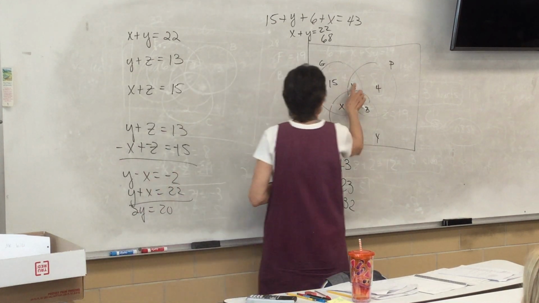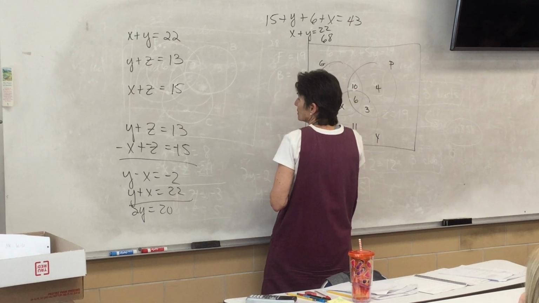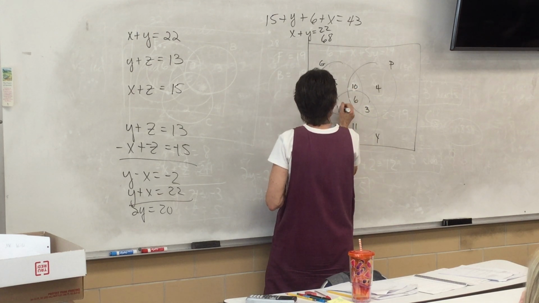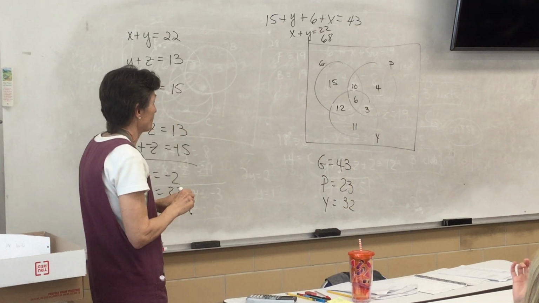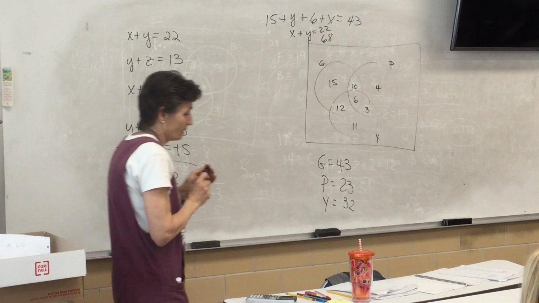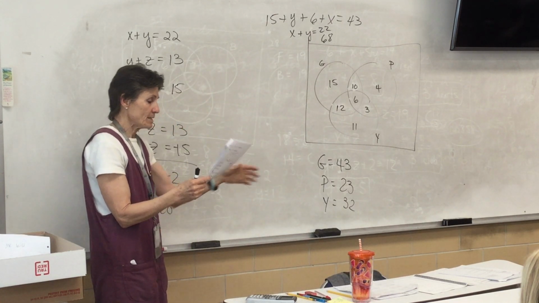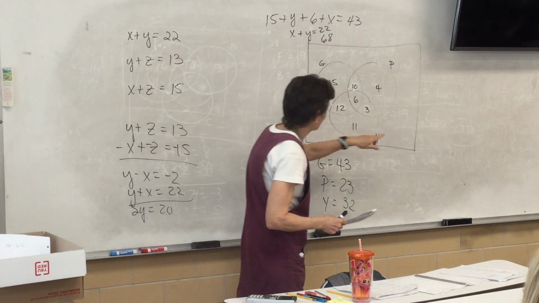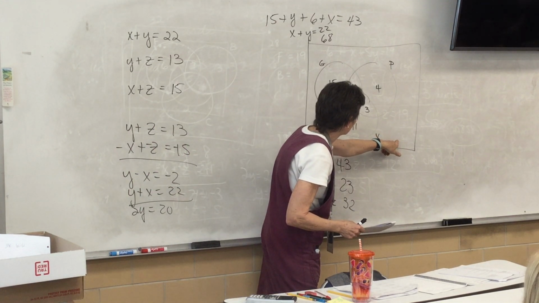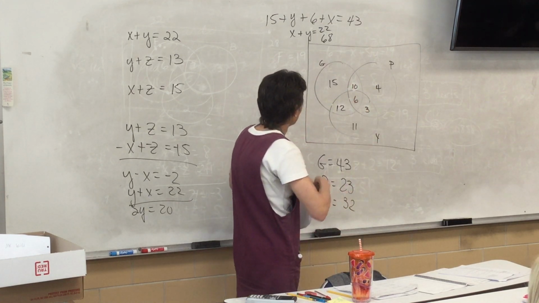Okay, so that was 10. And this was 12, I think. So we can answer the question, can we? Reach in. Oh, wait. What do these add up to? 61.